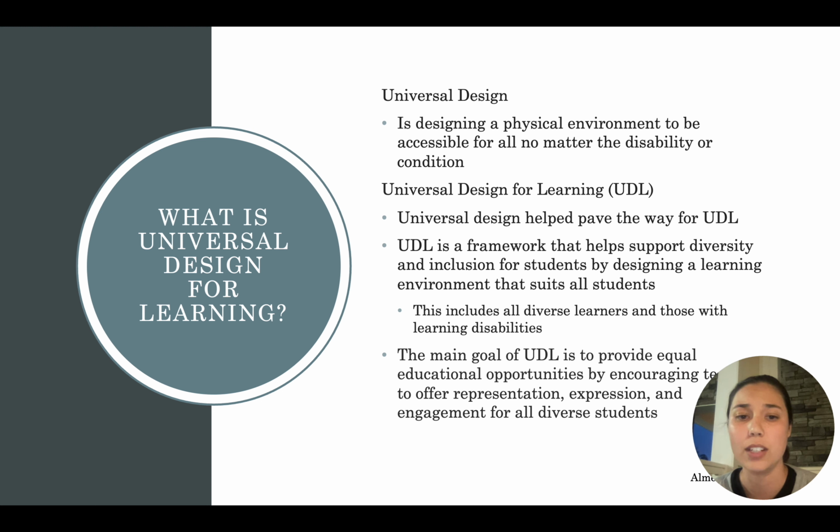This can include all diverse learners, such as those with learning disabilities and anyone else who falls under the diverse learning category. The main goal of UDL is to provide equal education opportunities and encouraging representation, expression, engagement of all students.